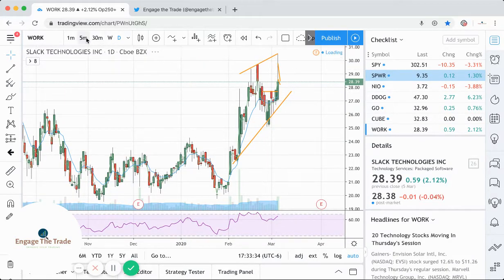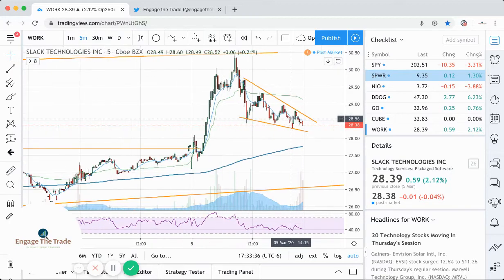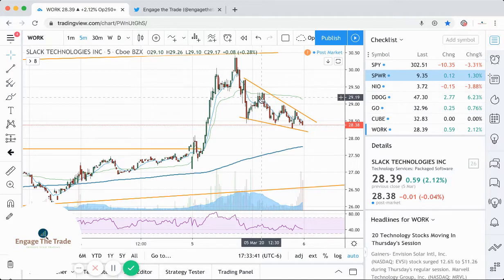Work. This one, unfortunately, I bought here but did not sell for the gain. It was like 50%, 60%, and then I held on. Falling wedge. I like falling wedges.